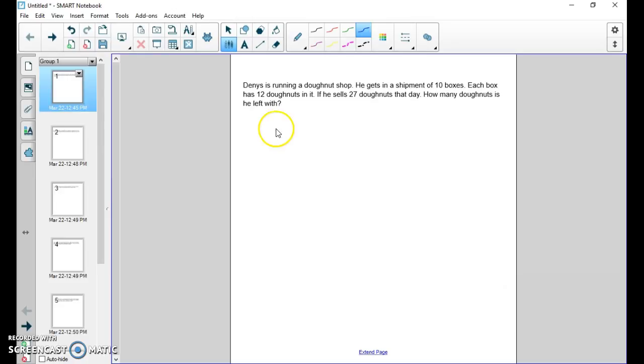So here's Dennis. He gets 10 boxes, so I'm only going to draw one, and each box has 12 in it. I'm going to do the dot, dot, dot to show that there's more. In fact, I can say that there's 10 more. Now, if you're paying attention, you probably know that we're going to use multiplication, but here's why.